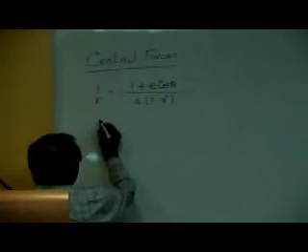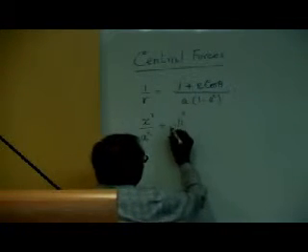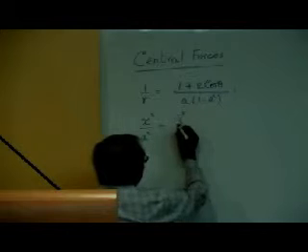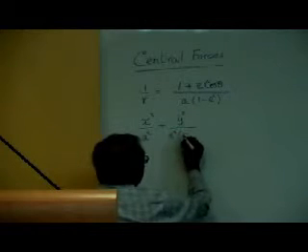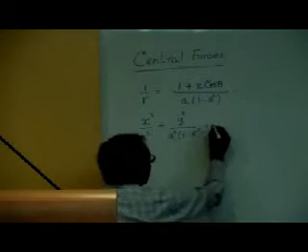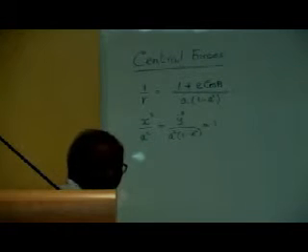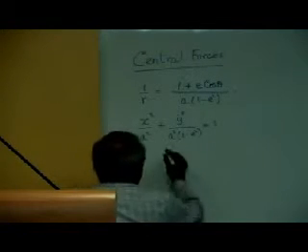We know the thing which people learn in school: x squared by a squared plus y squared by b squared equals 1. And b squared is a squared into 1 minus e squared. This is the standard equation of the ellipse that we learn in school.